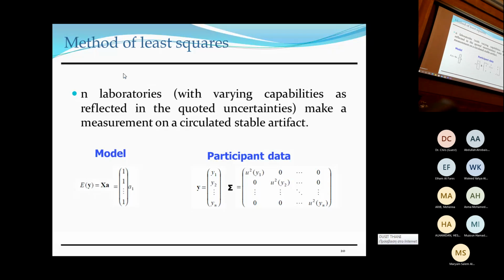So my measurement model will be that the error determined from each one of the n laboratories is equal to a vector, a unit vector where the ones in this vector are equal to the number of laboratories taking part in the comparison.